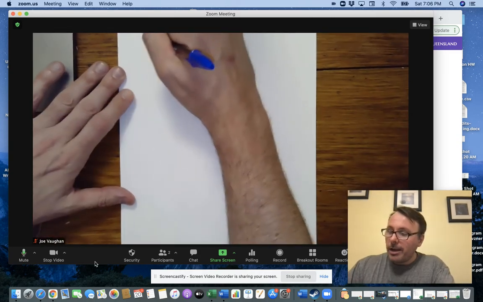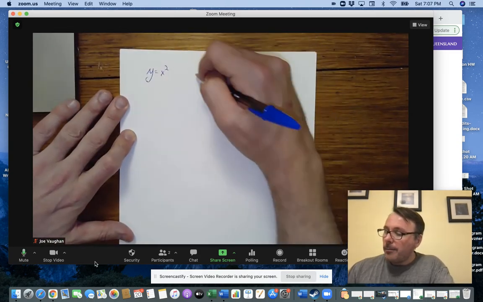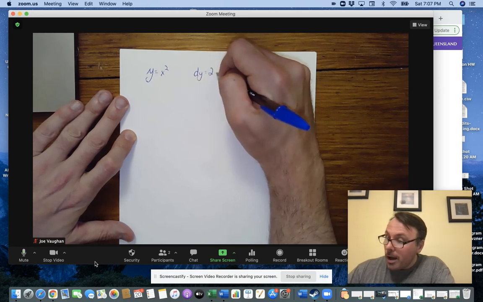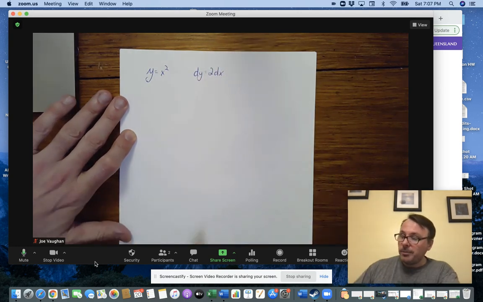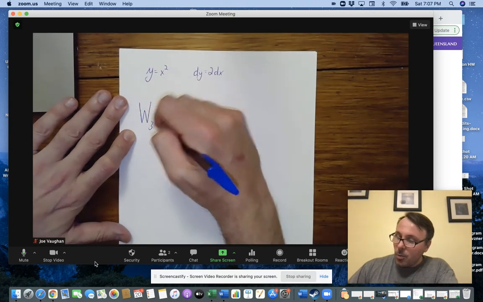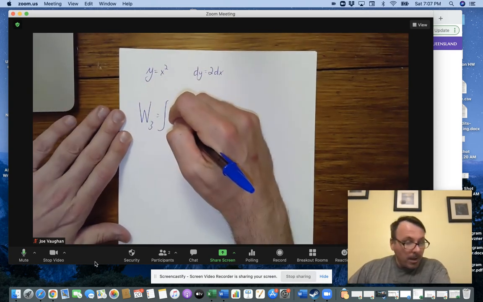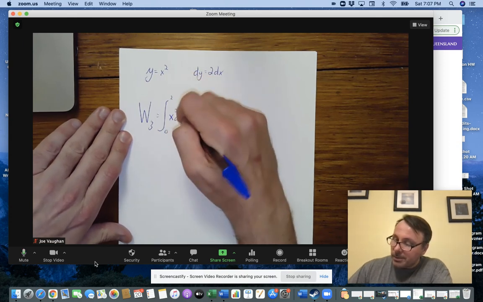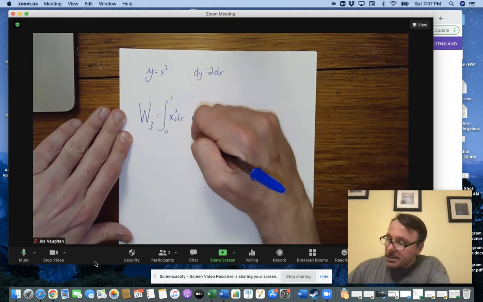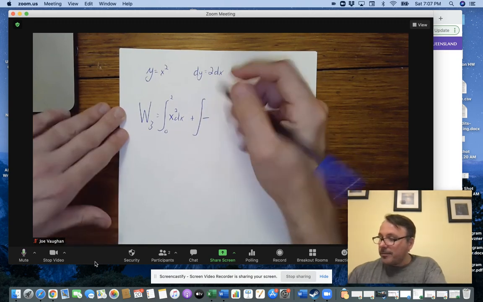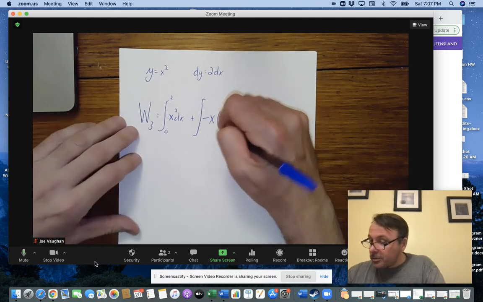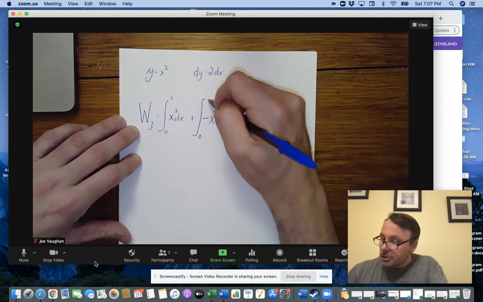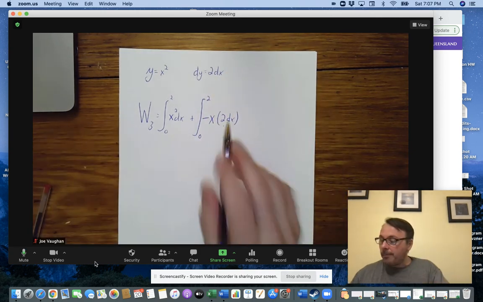So along the line y equals x squared, and from having done the work before, we know that dy is equal to 2x dx, right? Because we've shown that work before. So work 3, we're going to put in our template here, x squared from 0 to 2 with respect to x, right? Plus, and then this is going to be negative x, and then 2x dx, and then this goes from 0 to 2 now because I've changed the bounds as well.